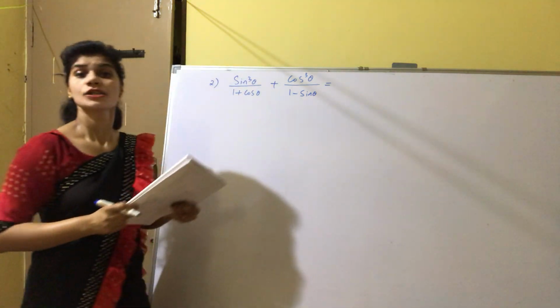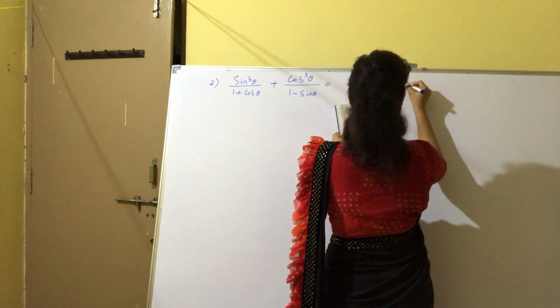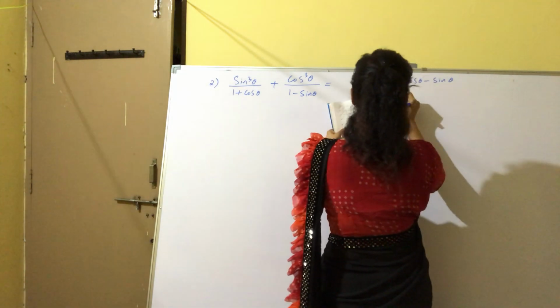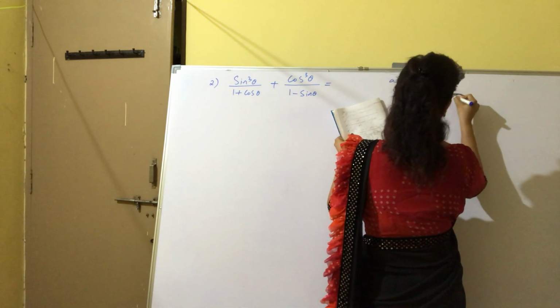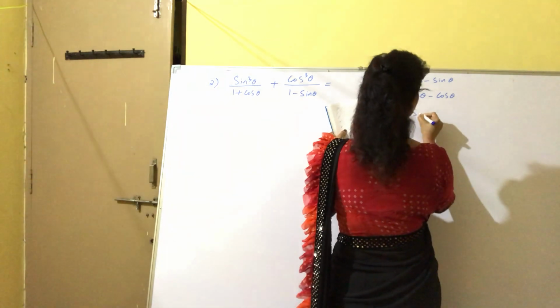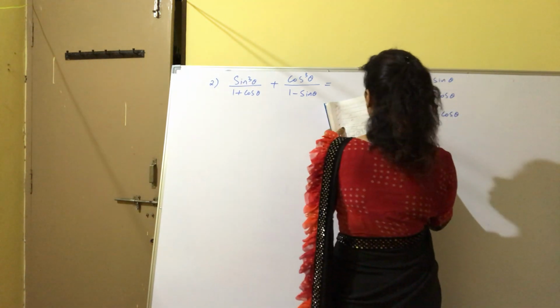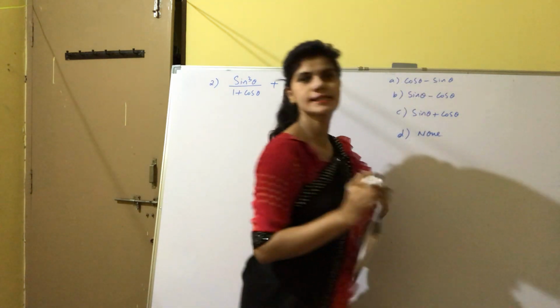Okay students, so the options given are option A, cos theta minus sine theta, option B, sine theta minus cos theta, option C is sine theta plus cos theta, option D is none of this.